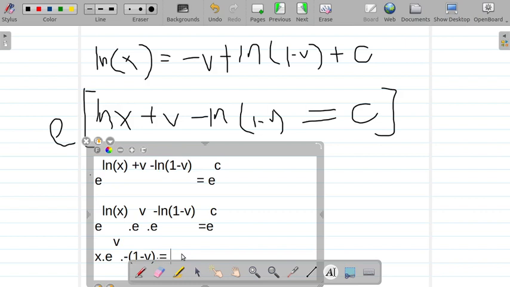E raised to the power of c is just equals to c, or we can rewrite this as x e to the power of v times v minus 1 is equals to c.